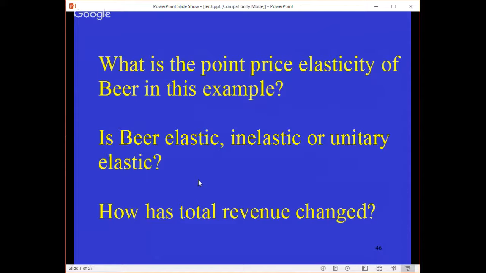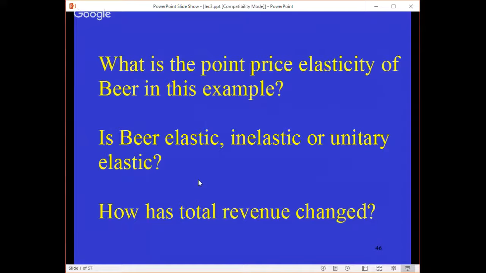So the question is, what is the point price elasticity of beer in this example? And everybody got it? It's negative 0.5. Is that elastic or not? Okay, you guys are confusing me. It's less than 1 in absolute terms.